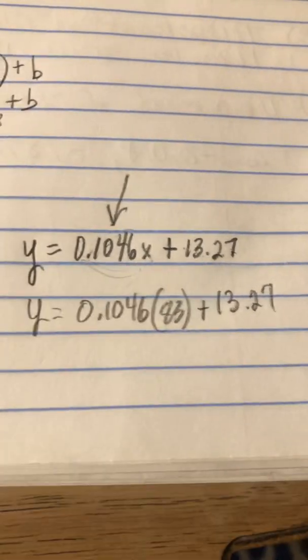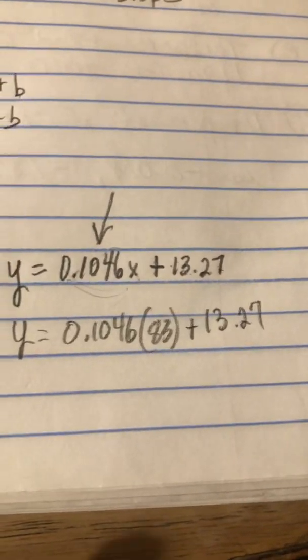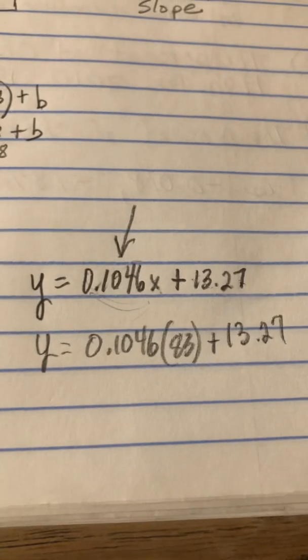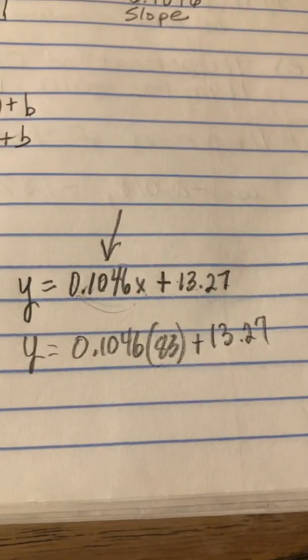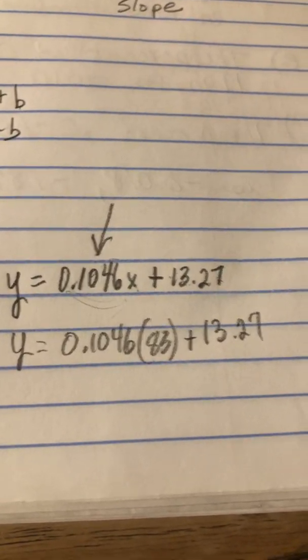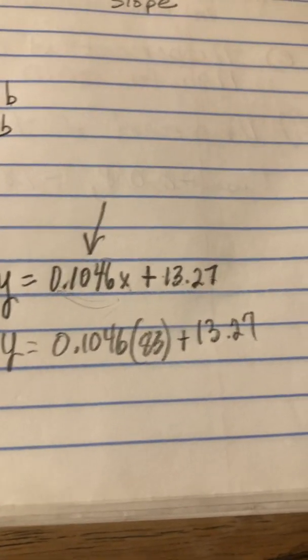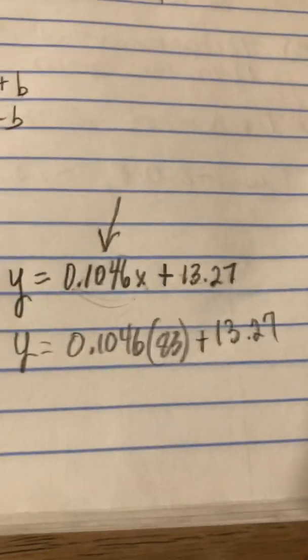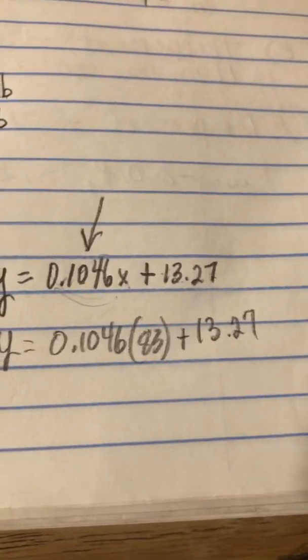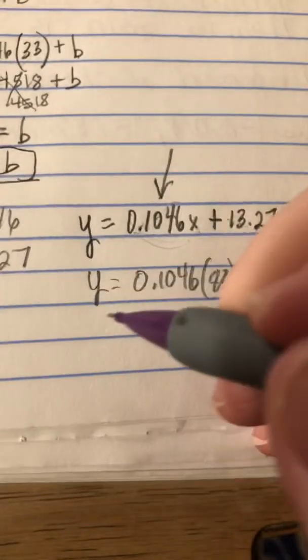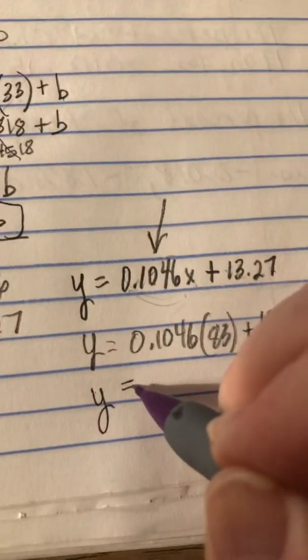So we're expecting it's going to add about $8.30, because remember we said it's about 10 cents a minute. So let's see here. Times 83 plus 13.27. When you do that math, it says the cost, which is y.